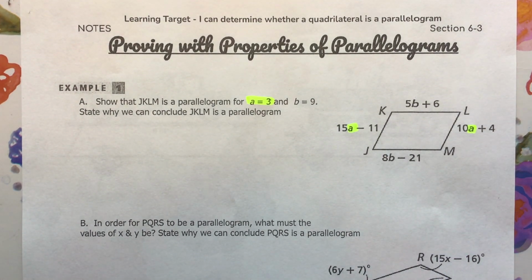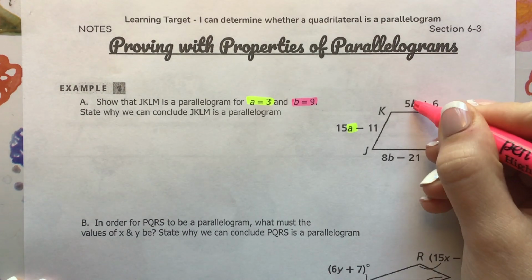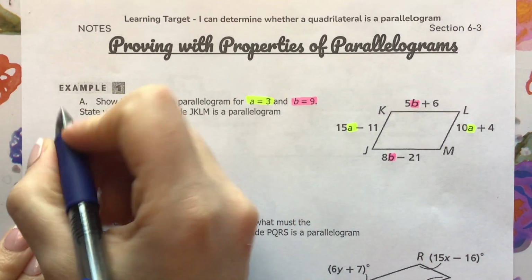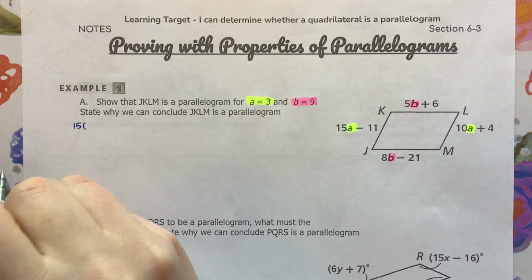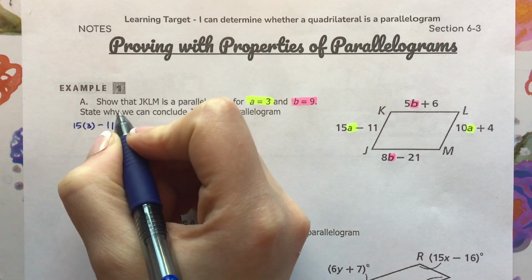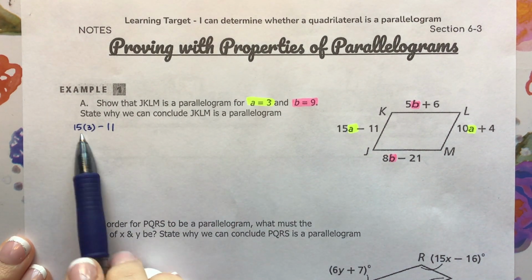And wherever I see a B, I'm going to substitute in a 9 there. So let's do that. I'm going to have 15 times 3 minus 11.